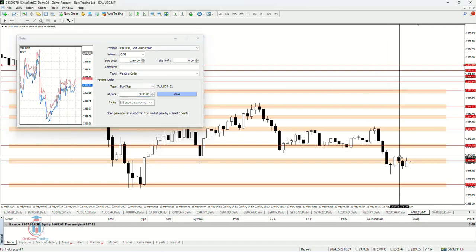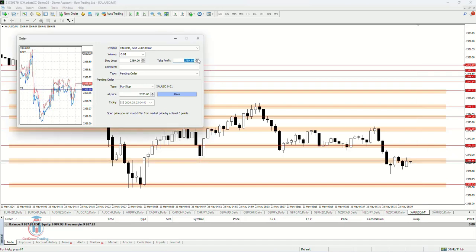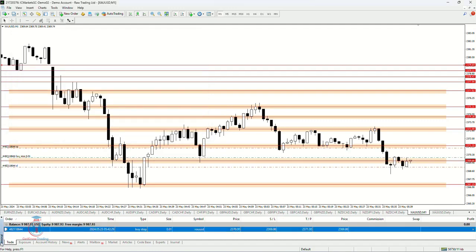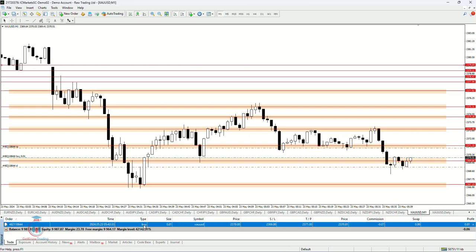So in order to be profitable, the price should continue to rise in value, and that means the price should go up. So for example, let's put a take profit at the price level 2371. Select this one here, put 2371, and when you're ready, click the place button. When you click on it, below inside this terminal window under the trade tab, you will see a current open order.